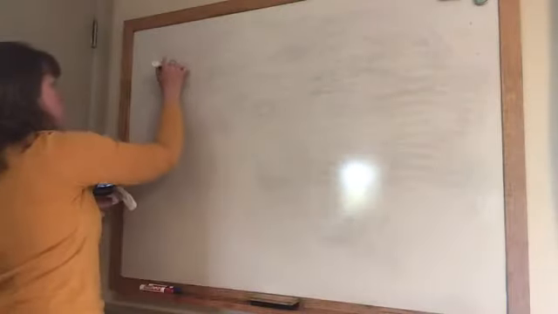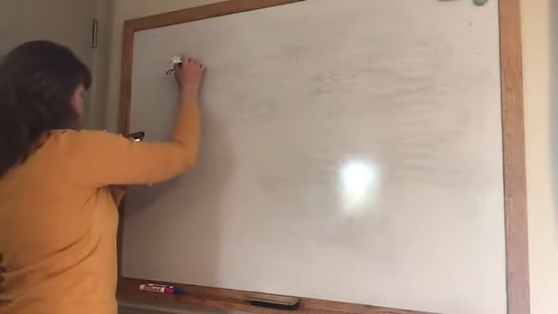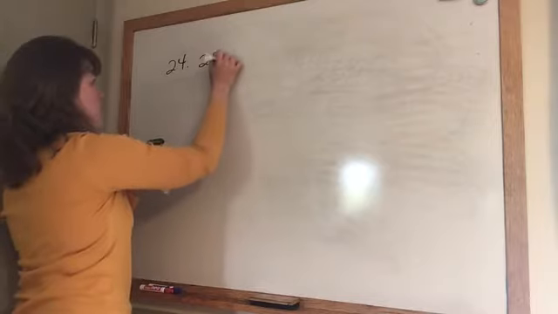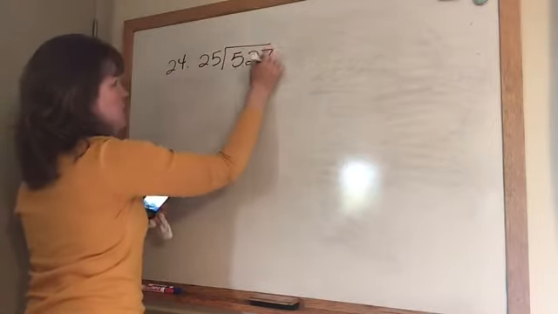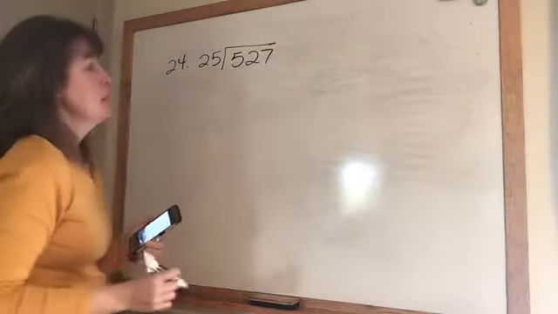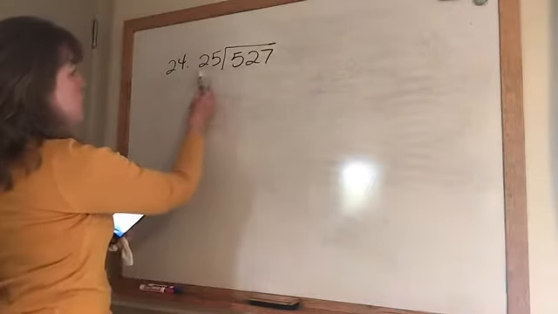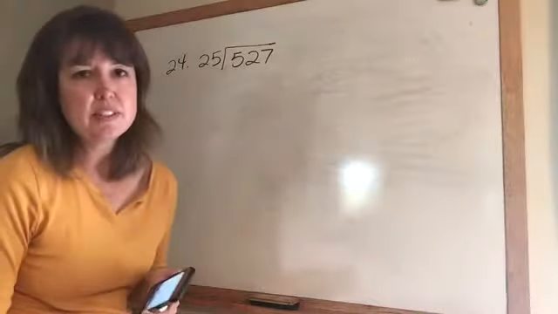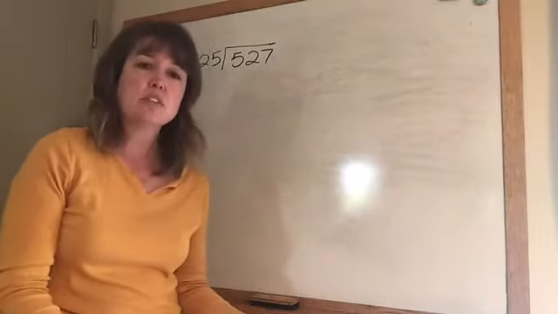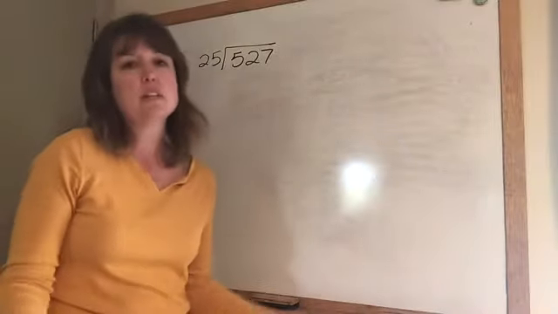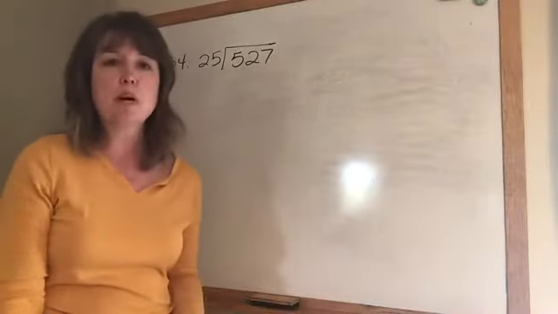Okay, number 24. 25 divided into 527. Okay? So now you can count by 25s. See, every problem's different. You might be able to use the divisor, you might not. You might need to round it, you might not. It just depends. Every problem's a little bit different.